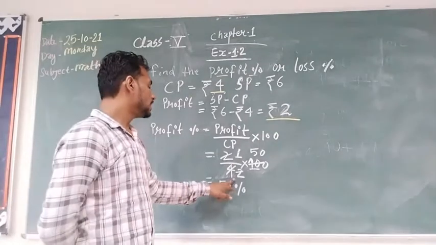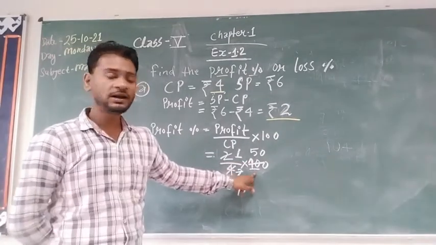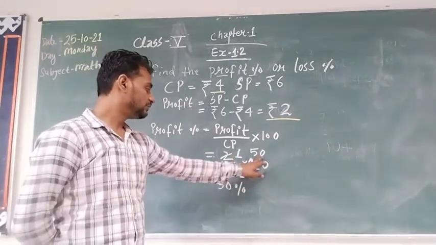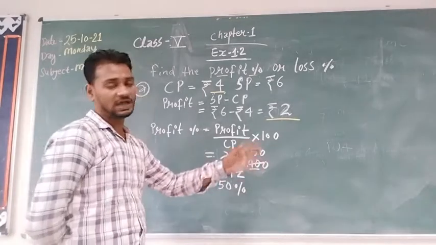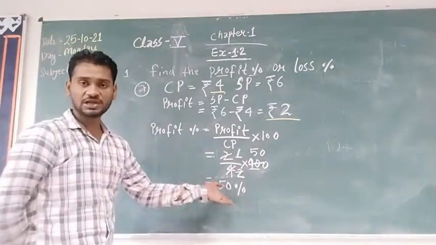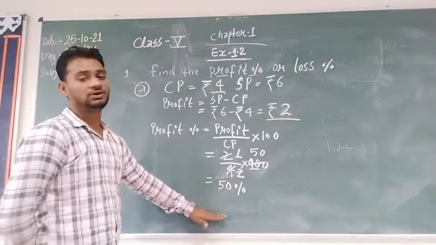So 50 multiplied by 1 gives us again 50. It means here is 50% profit.